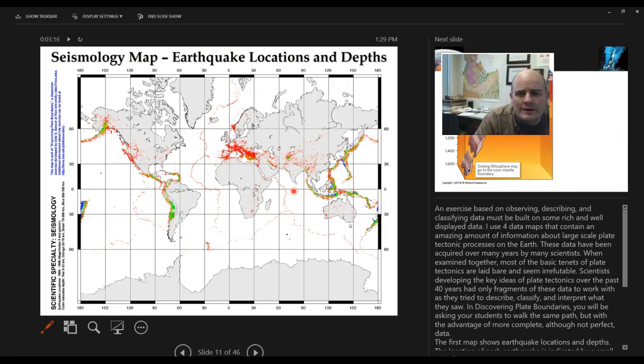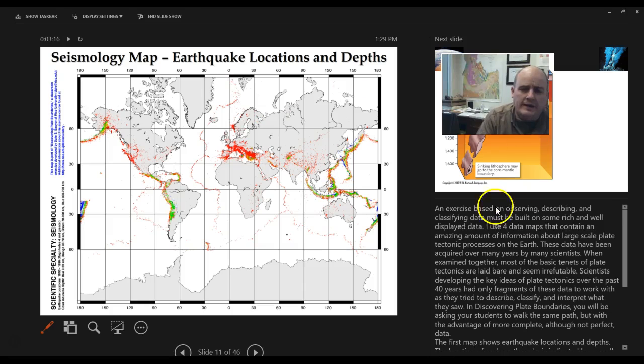This last one is showing earthquake occurrences all around the world. Every single one of these dots is an earthquake that occurred from 1990 to 1996, over a 6-year period. That's a lot of earthquakes over that short amount of time, right? The color coding shows how deep below the surface the focus, where the energy releases, is.